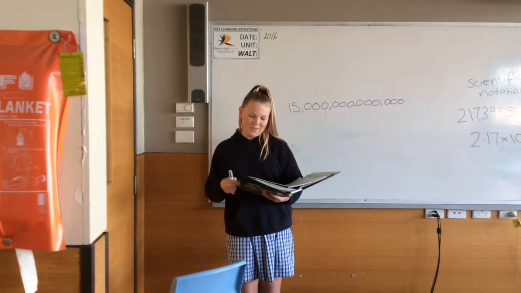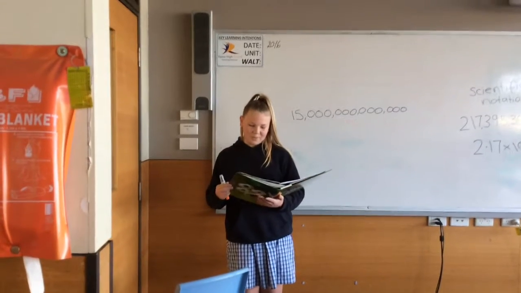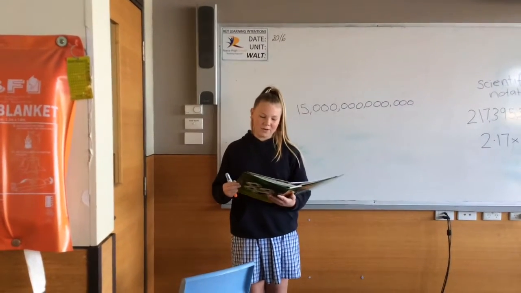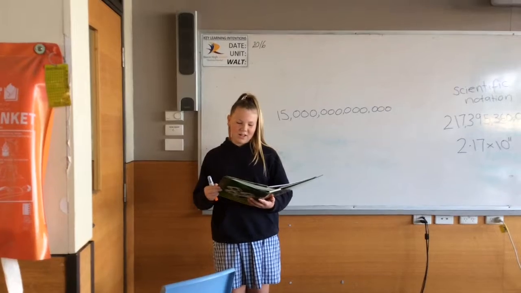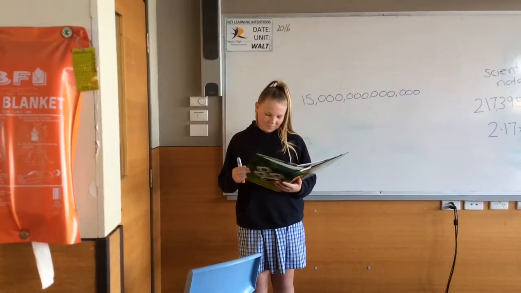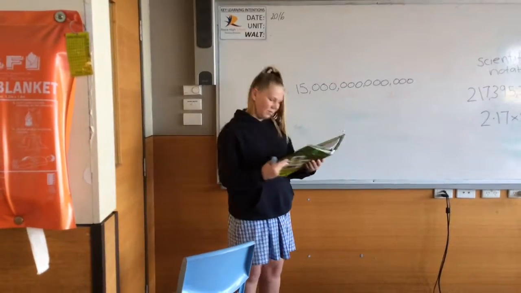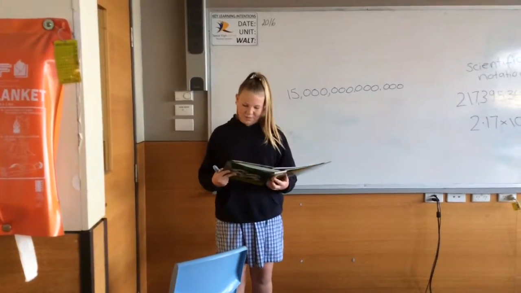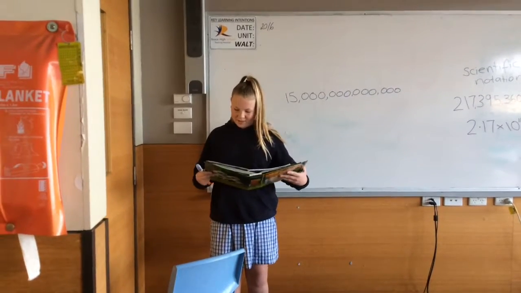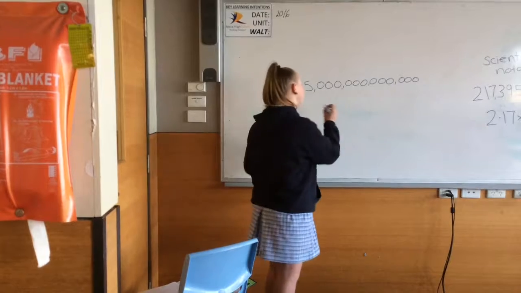Scientific notation can be used for large or small objects. For example, we have 15 trillion cells in our body. Since this is such a large number and difficult to write, we use scientific notation. We have 15 trillion cells, so we put a decimal point after the first whole number, then count how many times the decimal place can move after that.